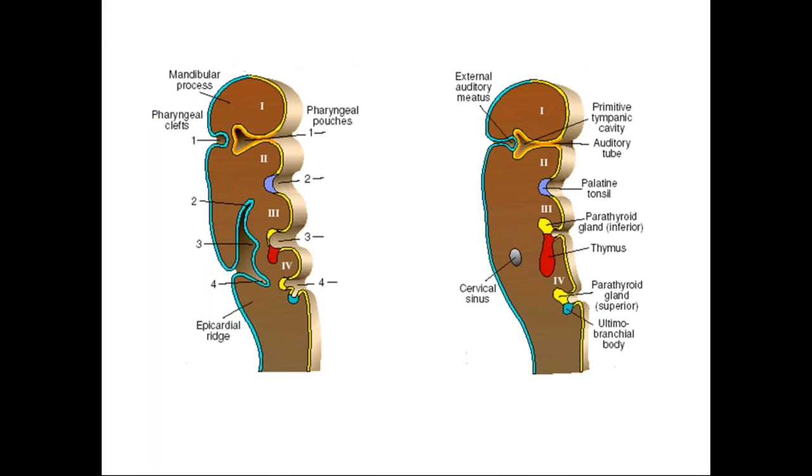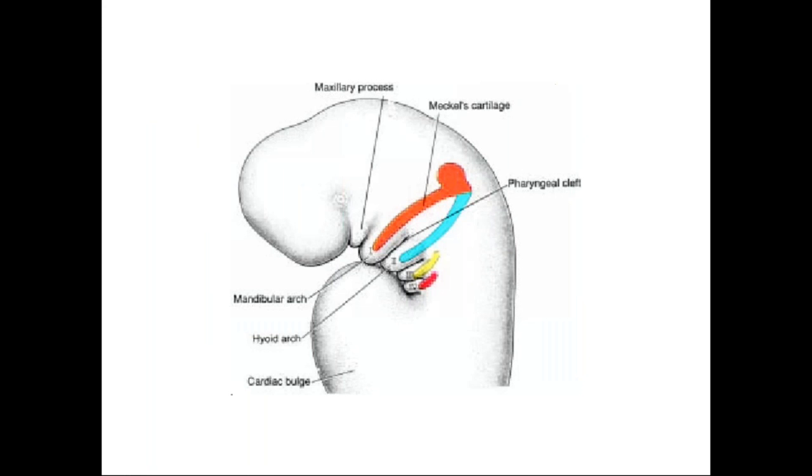From the fourth, it will form the superior parathyroid, and the ultimobranchial body is derived from the fifth, which will form the parafollicular cells secreting calcitonin. And the sixth arch will form the cartilages of larynx.